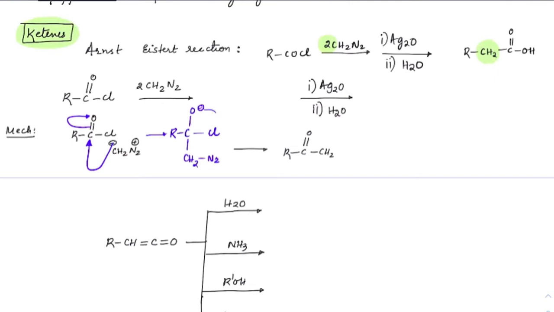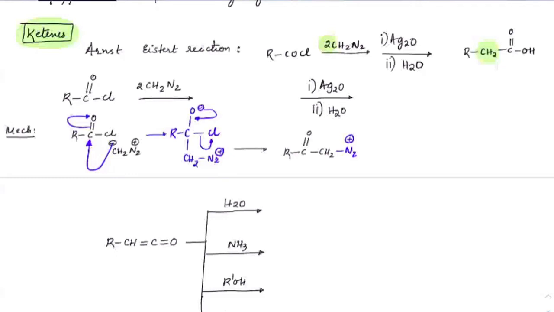And O minus will close as a double bond to relieve this chlorine, which is a better leaving group now. So what do we get? We will get RC double bond O, CH2N2 plus. This is the first mole which has reacted.